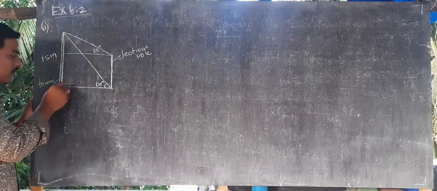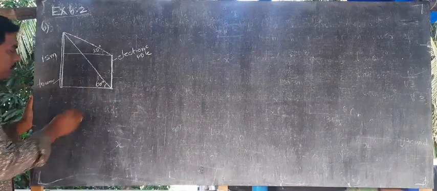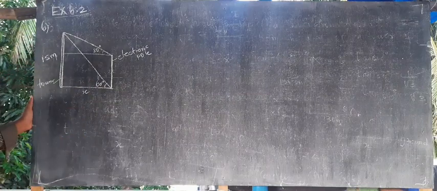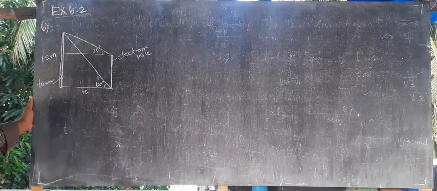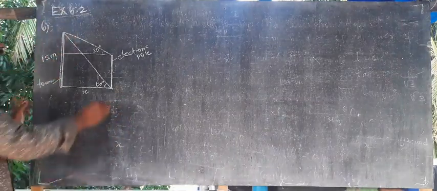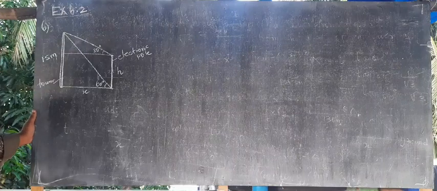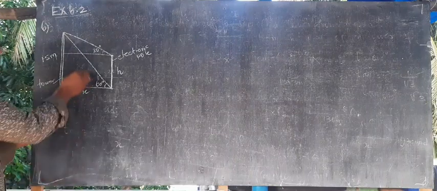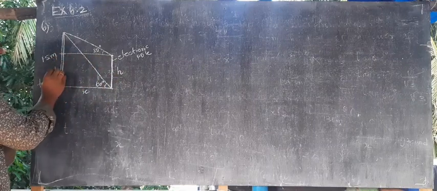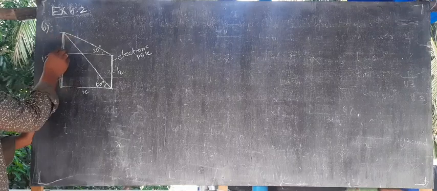We don't know the distance between the tower and the electronic pole, so this is x. We need to find the height of the electronic pole, so I define it as h. Here also h. The remaining side we don't know.